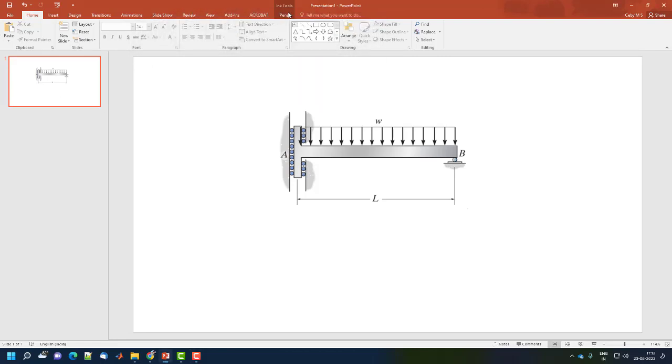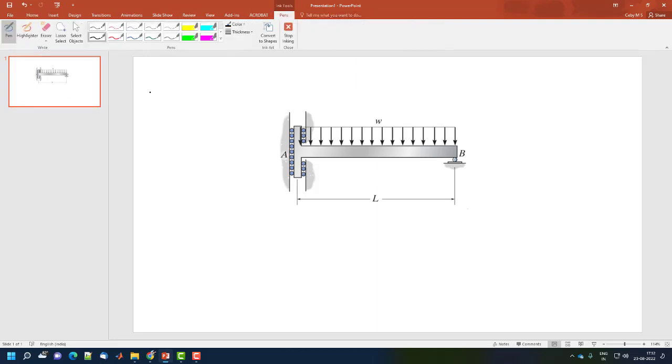So here we have question number 6.31 from Hibbeler's textbook, Mechanics of Solids. As you can see, the question is as follows.